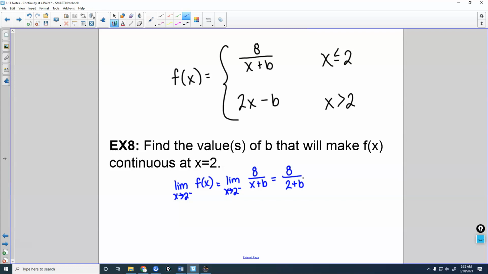All right, let's move on to the right side. I've got the limit as x approaches 2 from the right of f of x. That would be the bottom equation, so 2x minus b, and if I plug in 2 for my x, I would have 2 times 2. Oh, it is a minus, thank you.